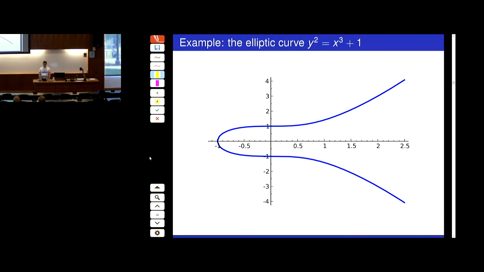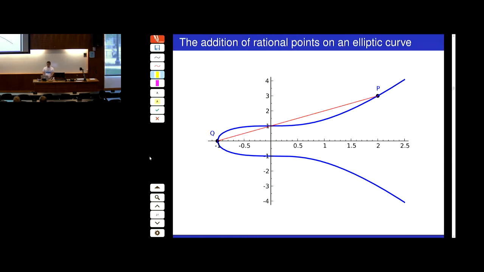So actually, we'll talk about the rank. That's what excites me the most, trying to find elliptic curves with high rank. As you probably know, there is an addition on elliptic curves. You can make the set of rational points into an abelian group. If you have two points on an elliptic curve, you can draw a line through P and Q and find a third point of intersection.